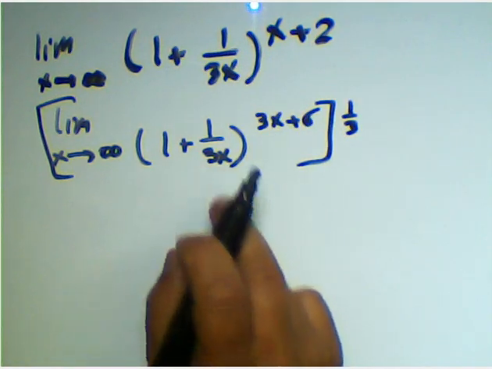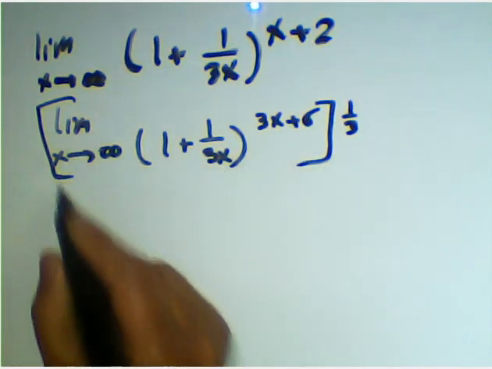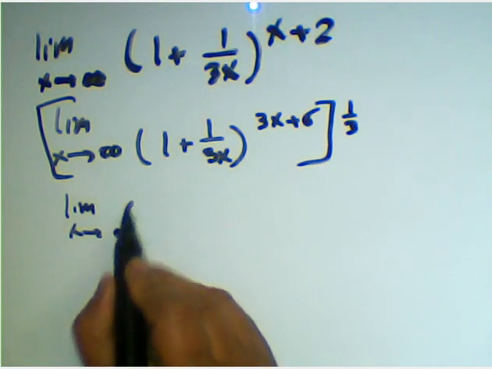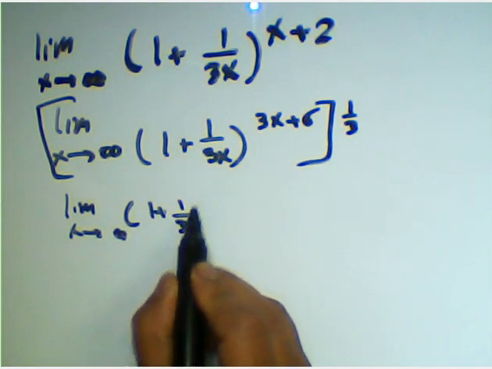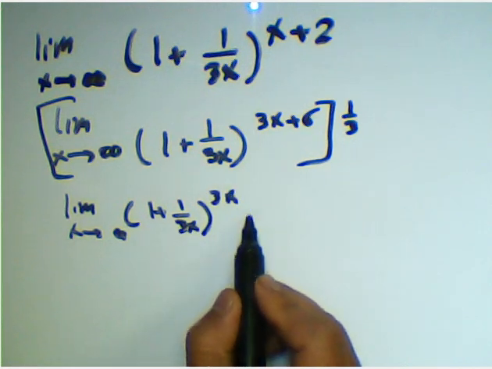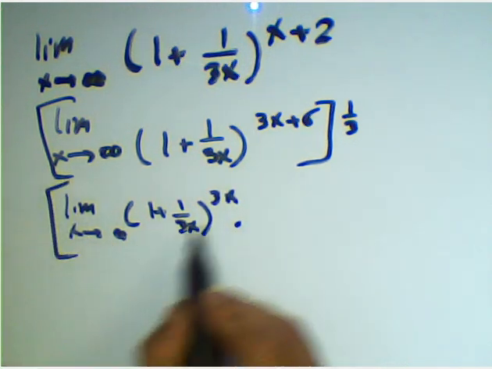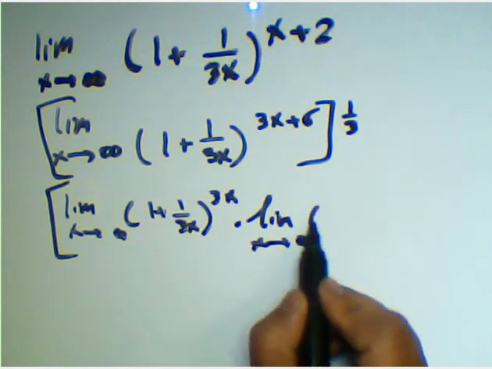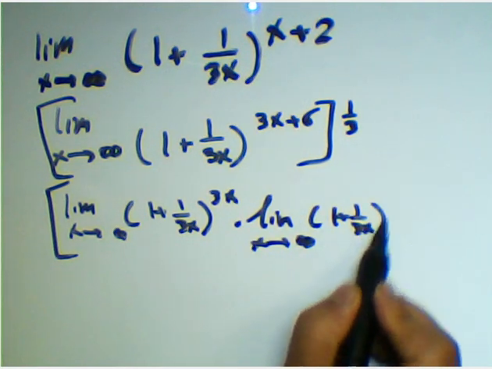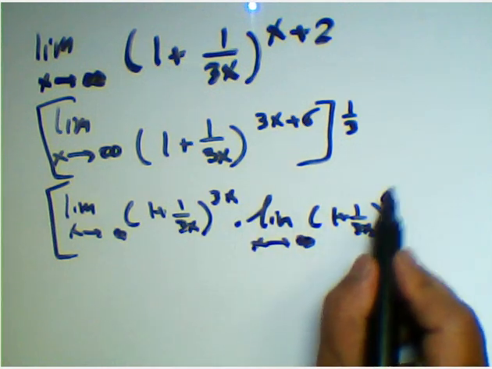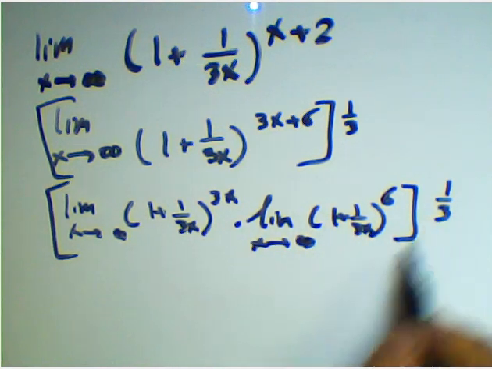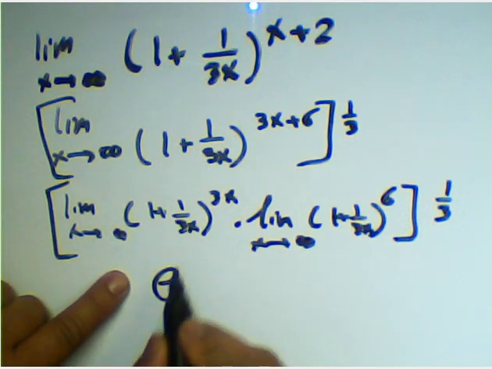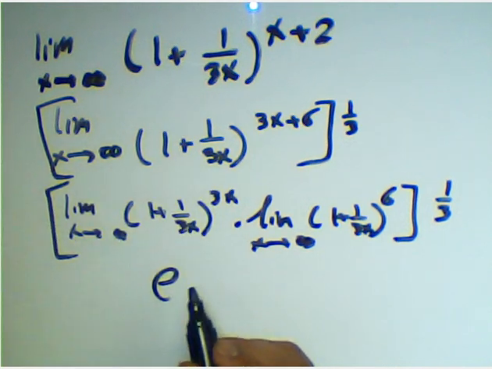Okay, this function we can find using the properties of limits, right? The limit when x approaches infinity of (1 + 1/(3x))^(3x), multiplied by the limit as x goes to infinity of (1 + 1/(3x))^6, all to the power one third. This function's result will be e, because the base here equals the power.